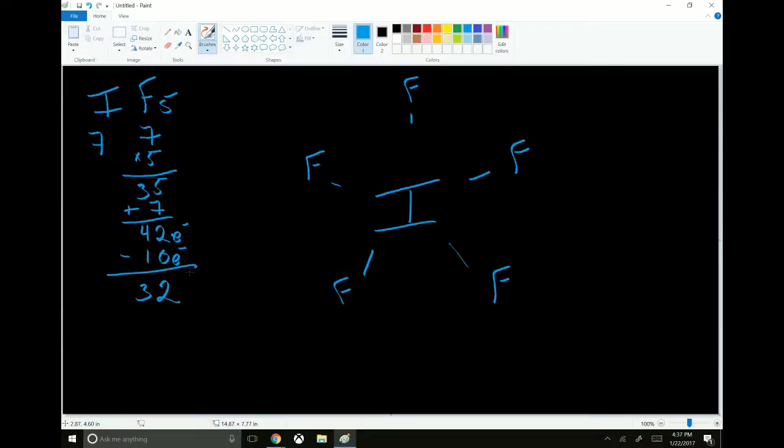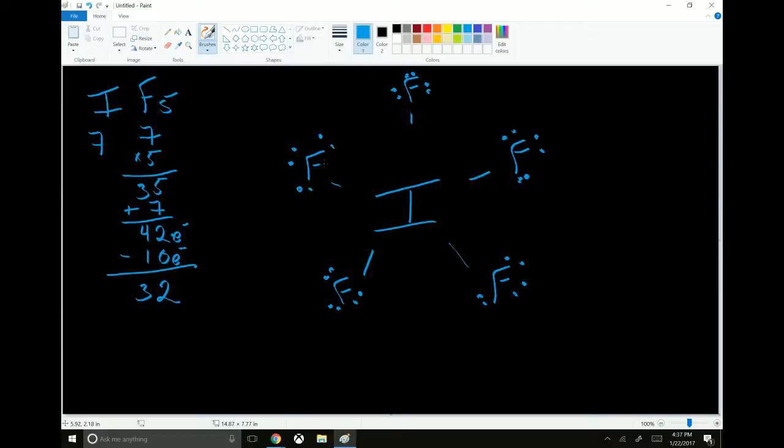Now we're going to surround our fluorines with satellites, or with non-bonding pairs, excuse me. So 2, 4, 6, 8, 10, 12, 14, 16, 18, 20, 22, 24, 26, 28, 30.